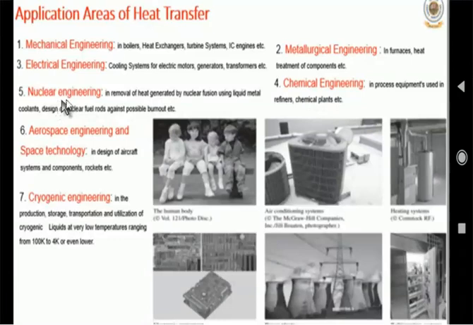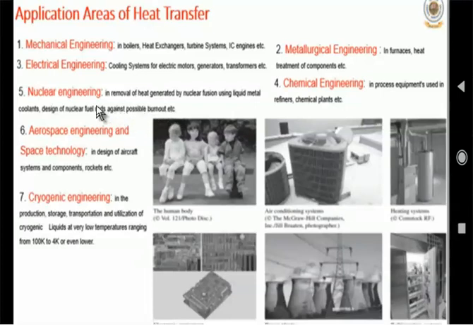Okay, so in nuclear engineering, the removal of heat generated by nuclear fusion. If there is a fusion process, a large amount of heat is produced, so we can remove some amount of heat by using liquid metal coolants, and in the design of nuclear fuel rods against possible burnout.